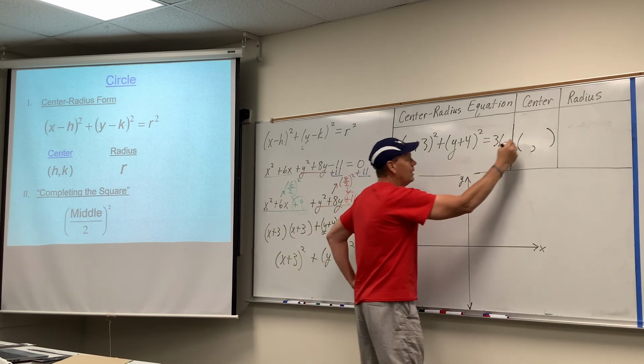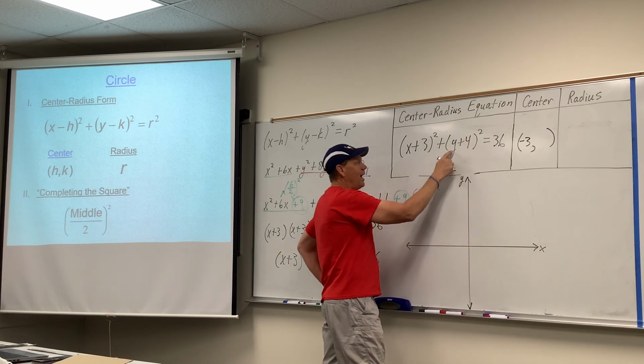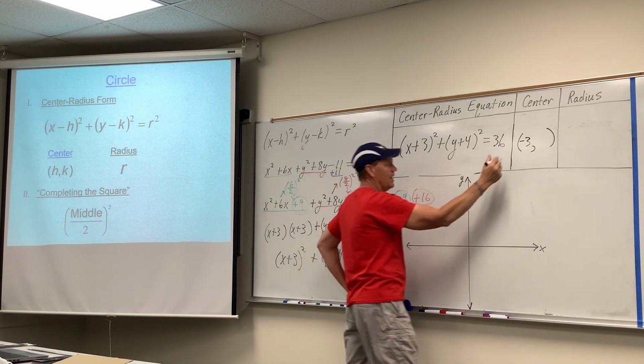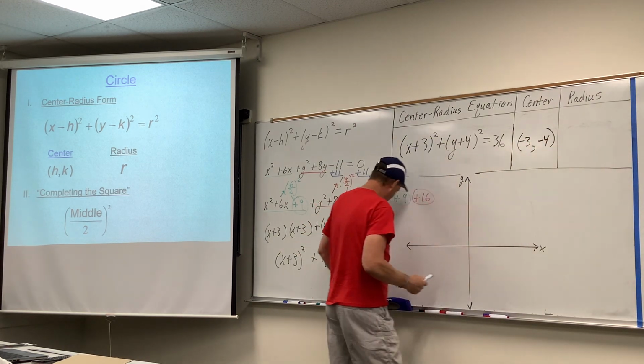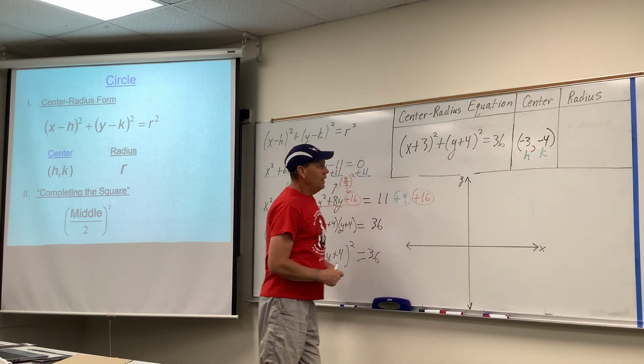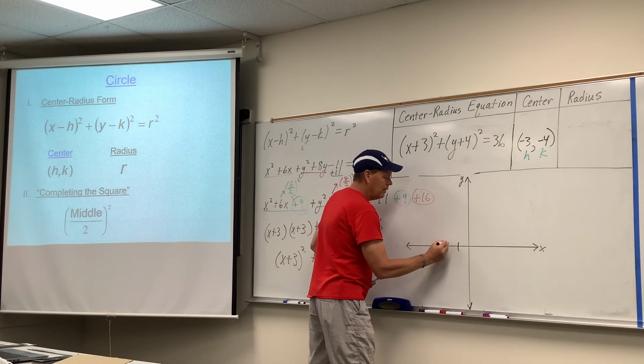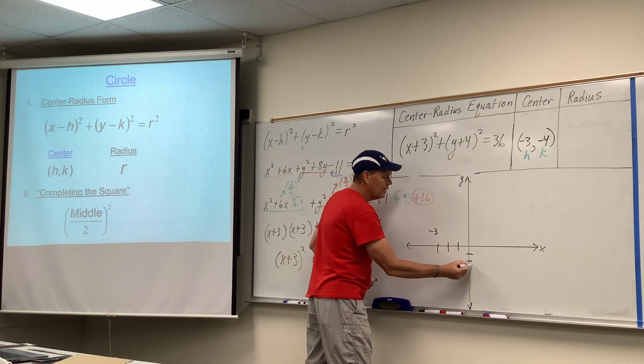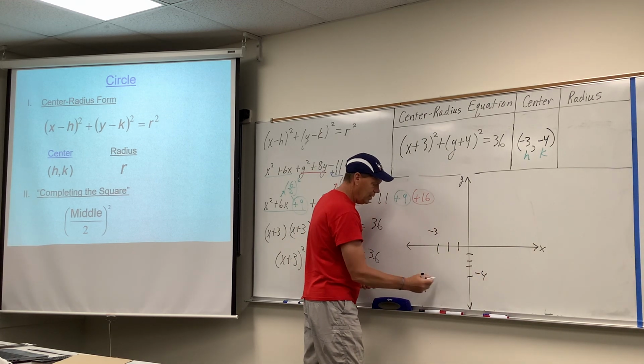Yes, -3. And what would y have to be for this to equal 0? Yes, -4. There's your h, k, right? Go plot that ordered pair, -3, -4. That'll be our center point for this particular circle.